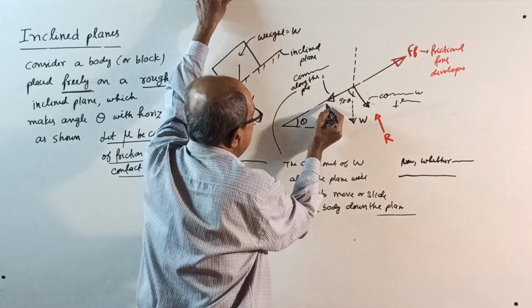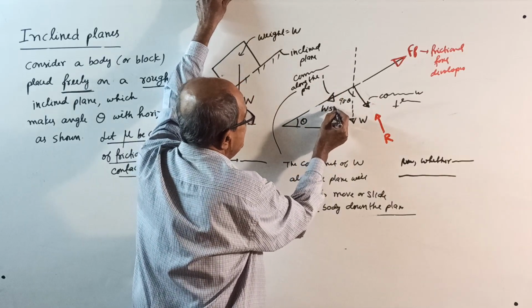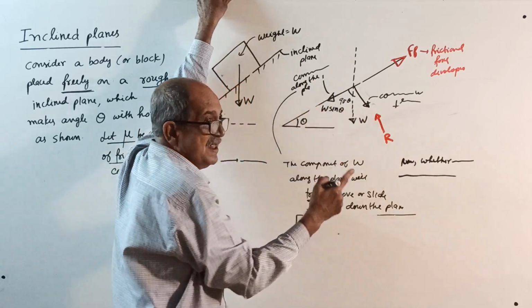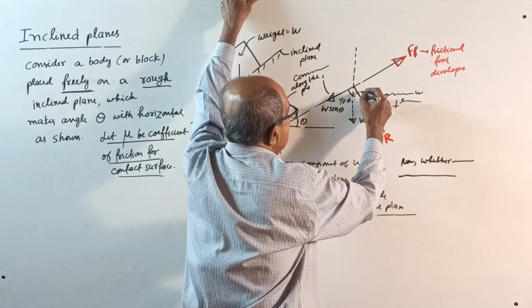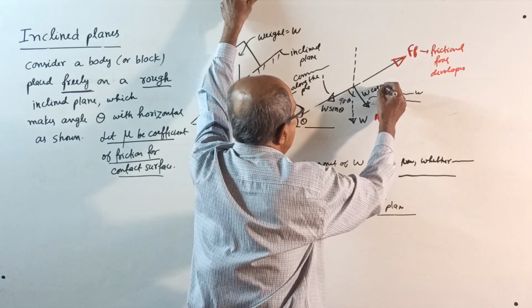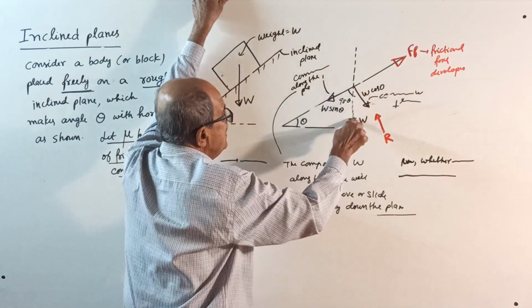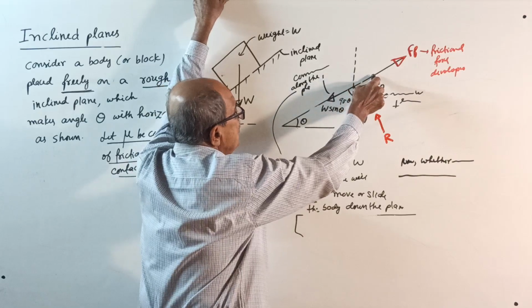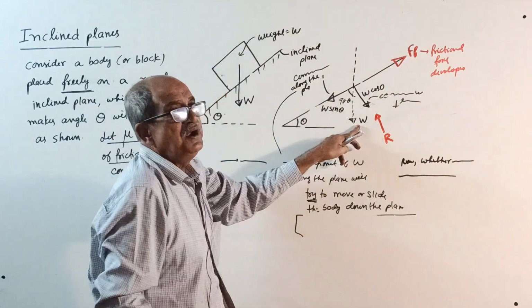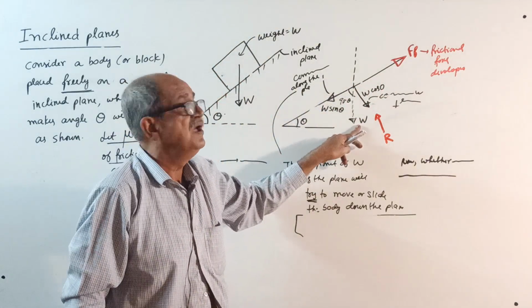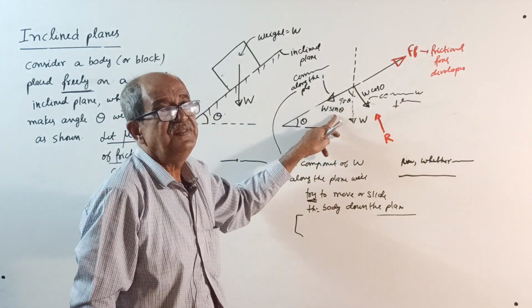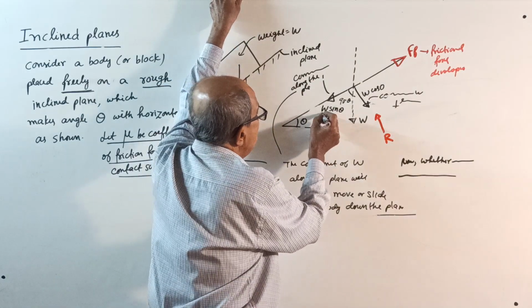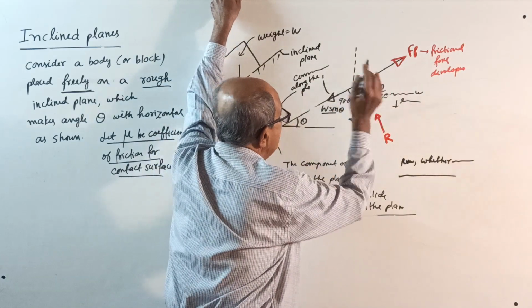This component will be W into sine theta. Why, I will tell you later. This will be W into cos theta. See, this W is making 90 minus theta with this plane. So along the plane component is W into cos of 90 minus theta. Cos of 90 minus theta is sine theta. Anyway, this I will explain later. Don't worry. Now you believe me.